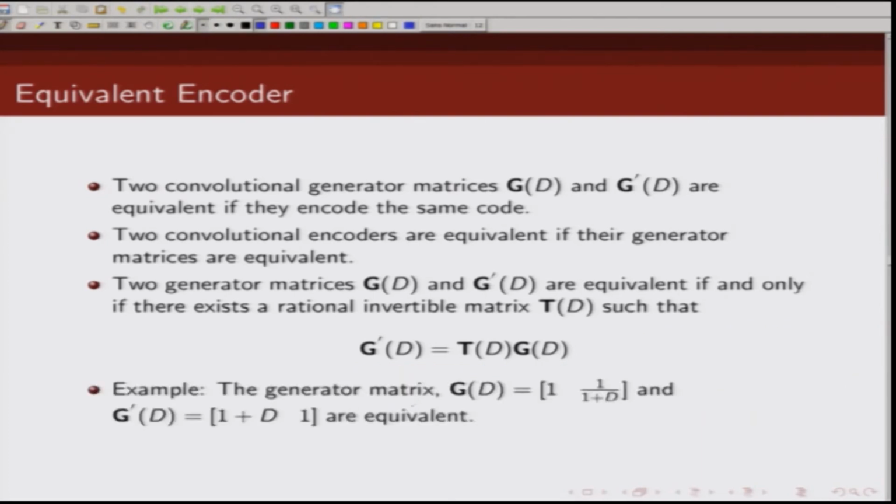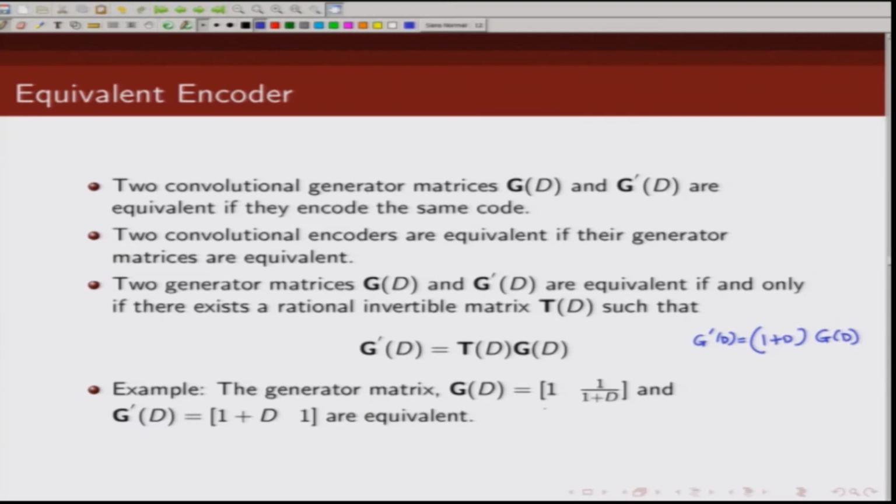So, let us take an example. This G(D) = [1, 1 plus D] and G'(D) = [1 plus D, 1] are equivalent encoders, because we can write G'(D) as 1 plus D times G(D).